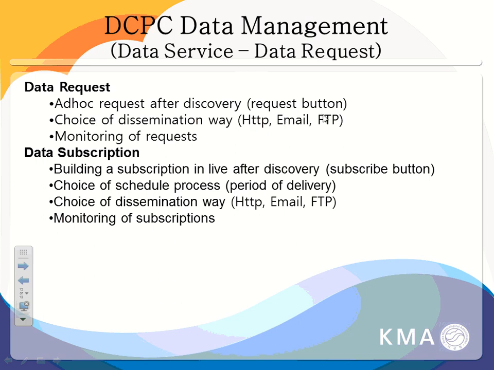So when I want to get the data, like the subscription data, we can use this FTP and email address. So okay, the data subscription here. We can define the period of delivery and also the choice of dissemination way, like I mentioned, HTTP or the email or FTP. I can choose the method that I want to get the data.